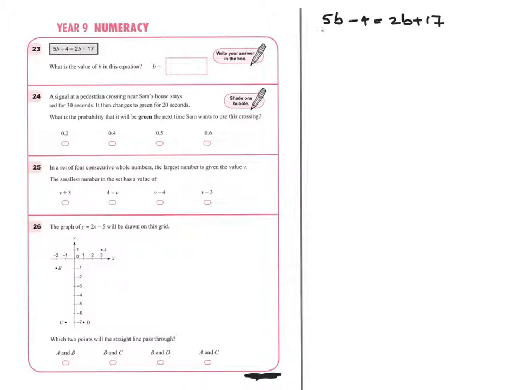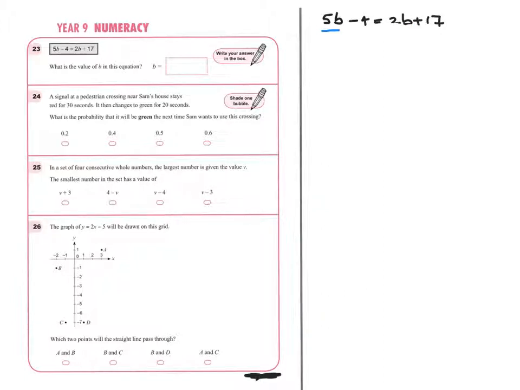So we have 5b here and we want to get rid of 2b on the right hand side, because we have positive 2b here.